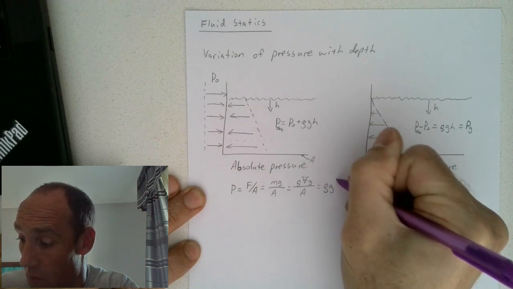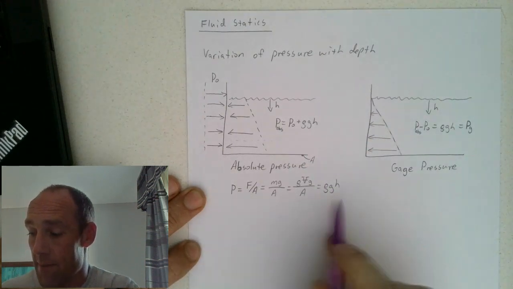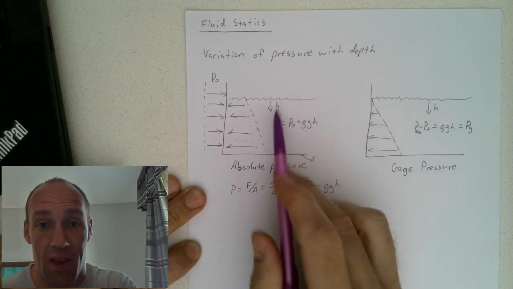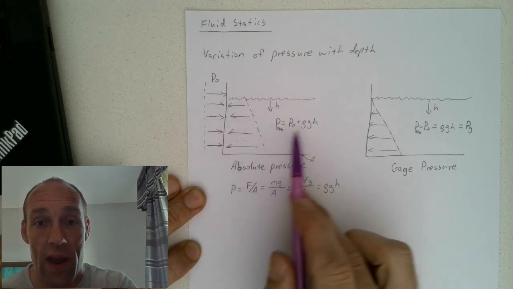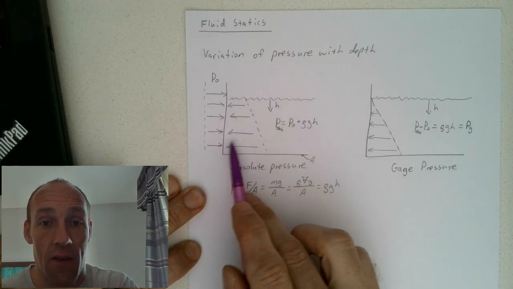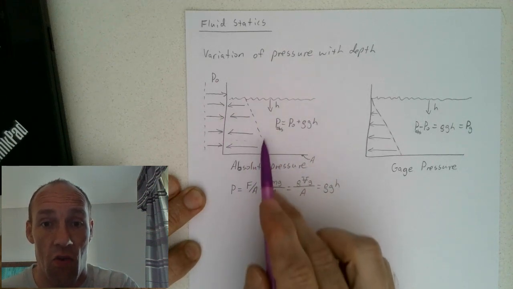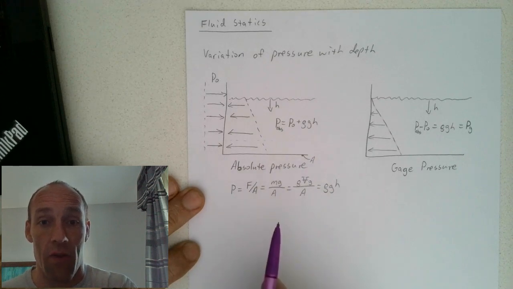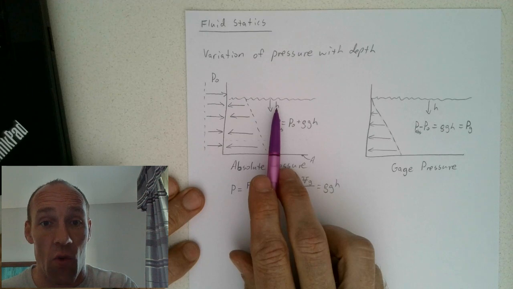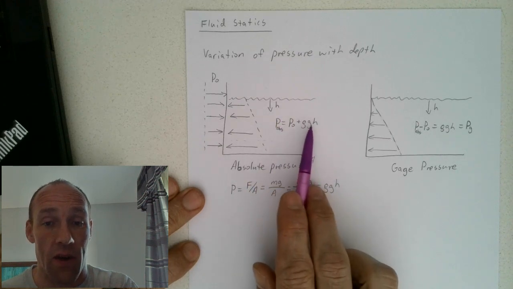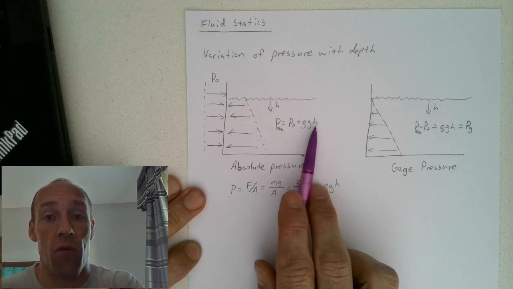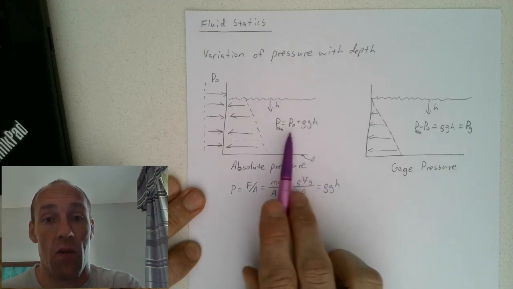That's a hand wavy way of deriving this, but essentially, as a consequence of the weight of the fluid bearing down on top of it, the pressure builds as you go down in depth. And we use H, unfortunately, as the symbol for the depth.